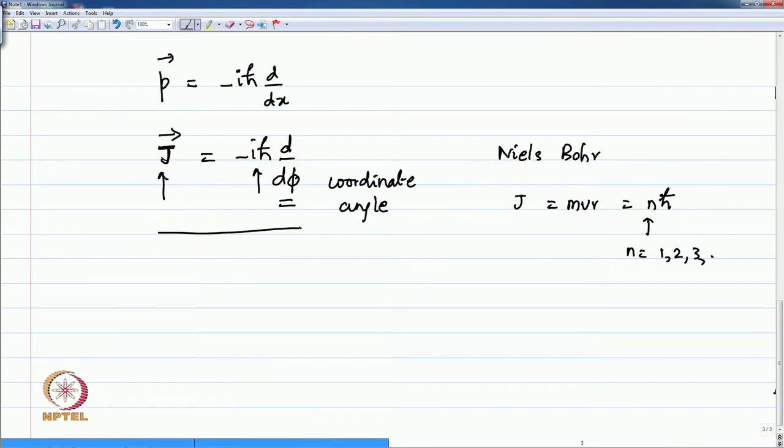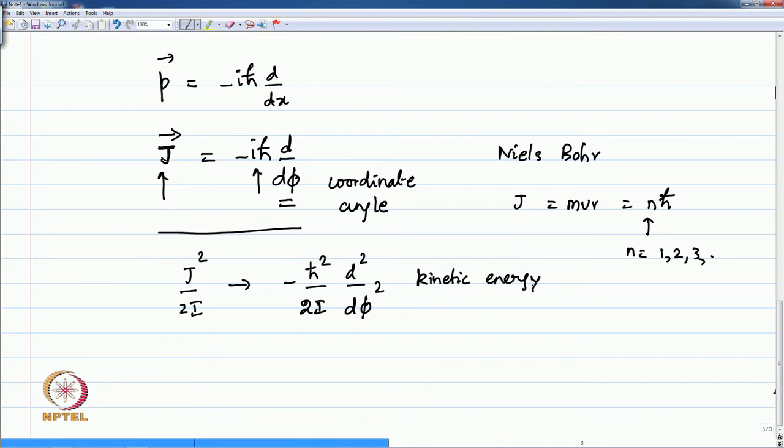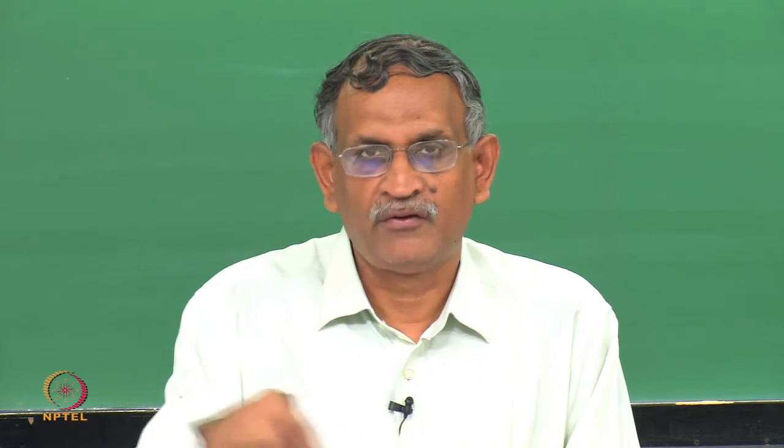This is the angular momentum operator, and therefore, j square by 2I becomes the operator minus h bar square by 2I d square by d phi square. This is the operator for kinetic energy, and we shall assume that we are taking the particle moving or being fixed in a circle of radius r.